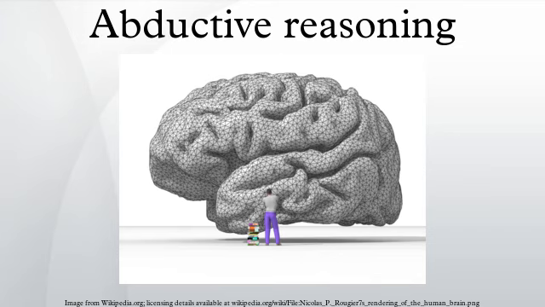Josephson, John R., and Josephson, Susan G., Abductive Inference, Computation, Philosophy, Technology, Cambridge University Press, Cambridge, UK. Lipton, Peter. Inference to the Best Explanation, London, Routledge.